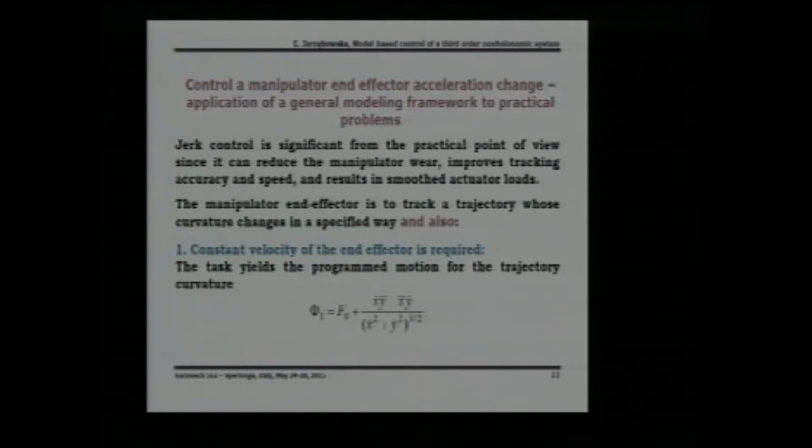What are the assumptions, the requirements? The manipulator end effector is to track a trajectory with some specified curvature changes. I did it purposely to have third-order constraints, and I also selected first a constant velocity.